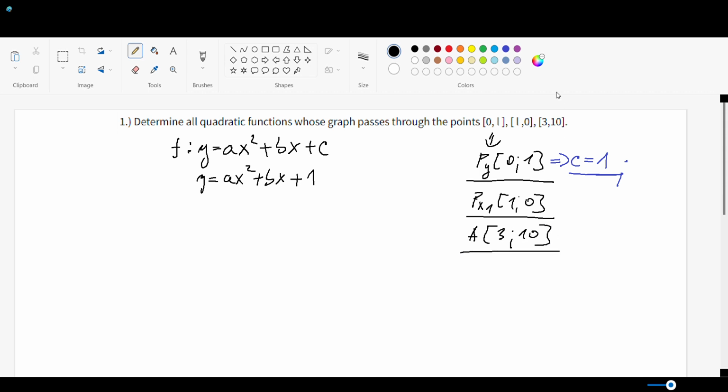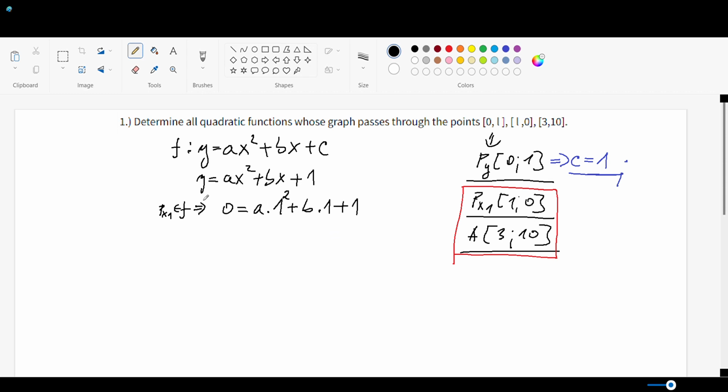So based on these 2 points, if you are quite familiar with solving such equations, you should already know that we will use the first point, and it belongs to the function, so it means that 0 must be equal to a times 1 squared plus b times 1 plus 1.